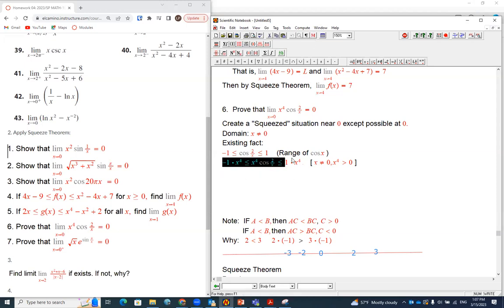We have just created a squeeze situation. It's not a given squeeze situation, but we created one. Now the function of our interest is squeezed between 2 other functions, one below, one above. You can graph it if you want, but we're only interested in the neighborhood of 0.